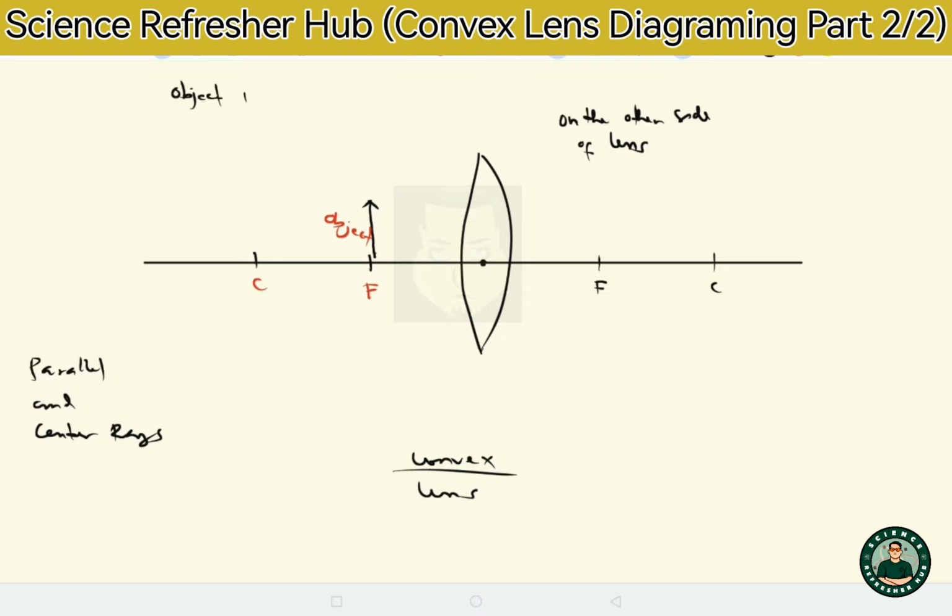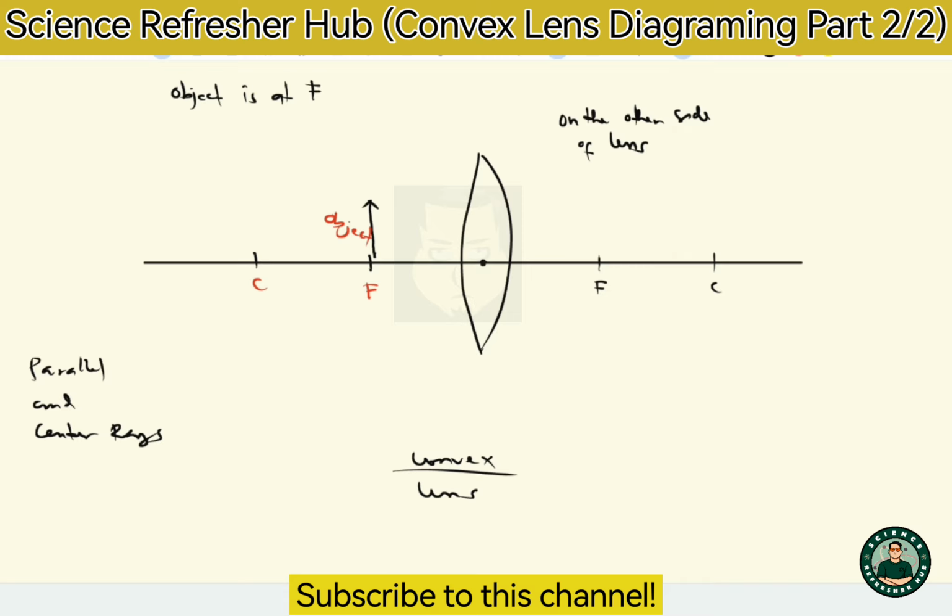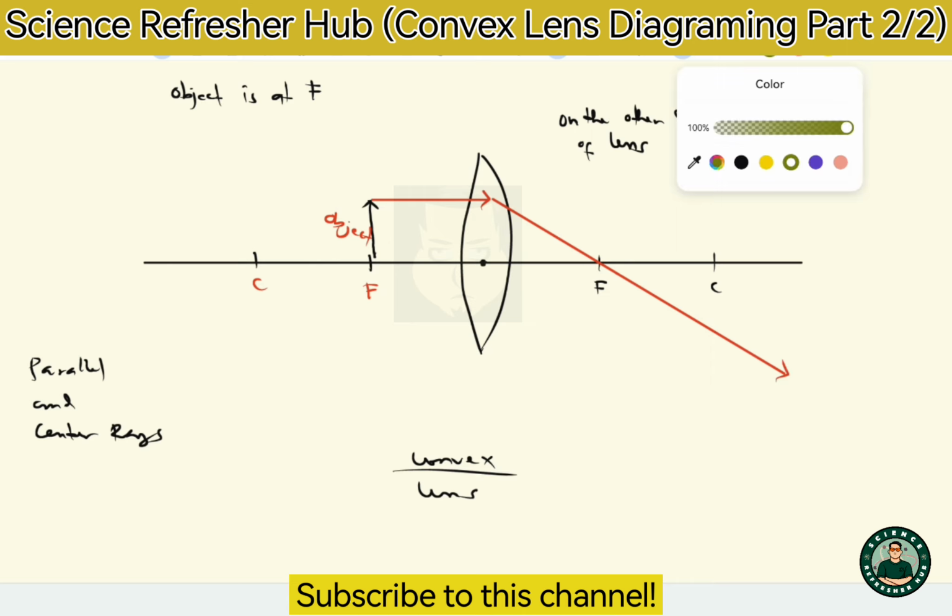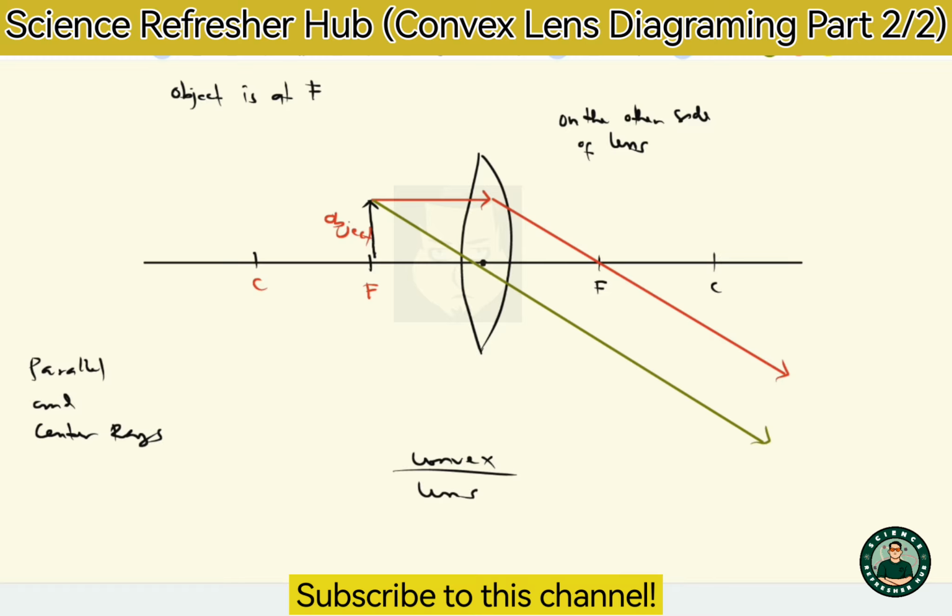The object is at the focal point. So from the tip, once the light enters the lens, it will refract or bend all the way through our focus or focal point. And next is our center ray. From the tip of the object, no refraction, it will go directly through the center, just like that.